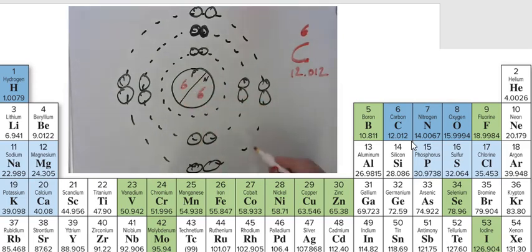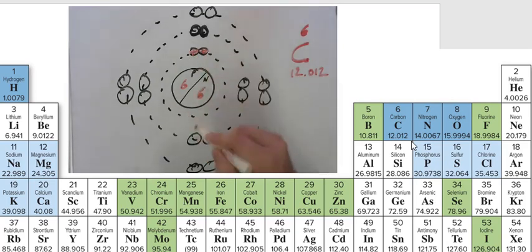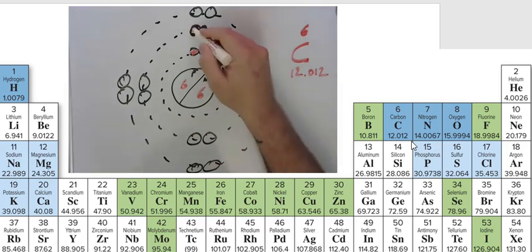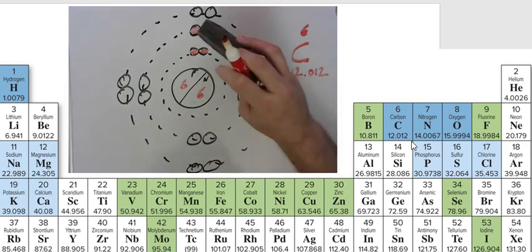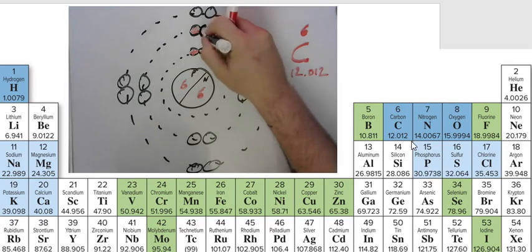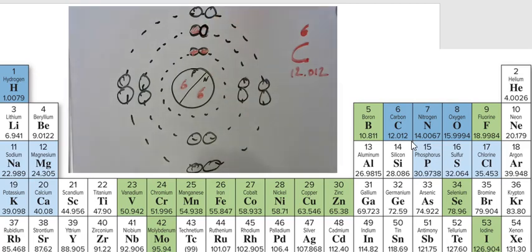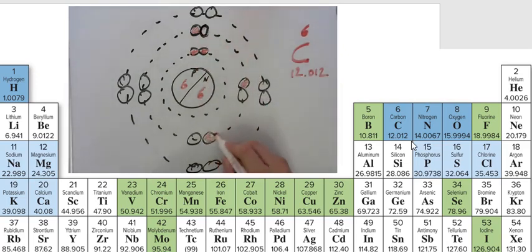And the way you fill the electrons is starting from the lowest shell, and you fill one by one in a clockwise manner. 1, 2, and then I will start 3, 4. Do I do that? No. That's one of the things you want to be sure you don't do, is you want to make sure you fill one of each pair before you switch to the next pair. And so 1, 2, 3, 4, 5, 6 clockwise, remember?